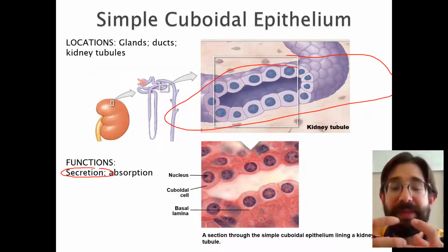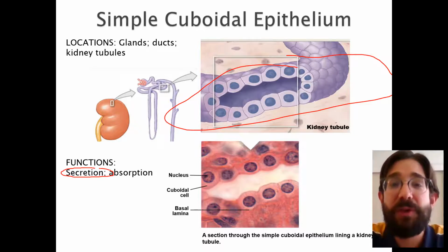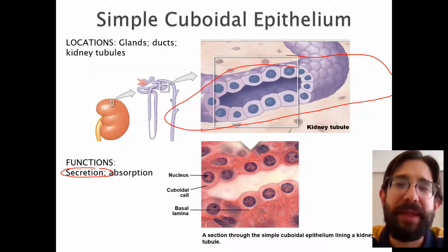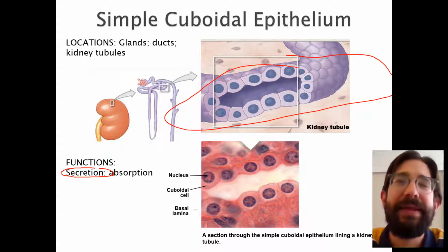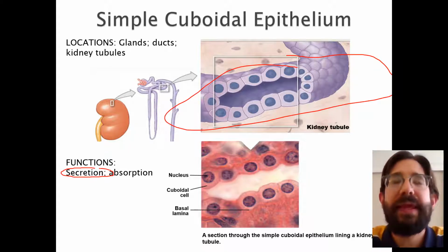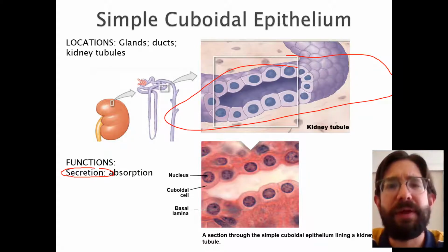But all of the cells that make the tube shape are also creating the stuff going into the tube. We'll see some more examples of this and how we make tubes and glands. But basically, these cells not only make tubes, they secrete stuff into the tubes. They can also absorb things, although we won't talk about that quite so much.